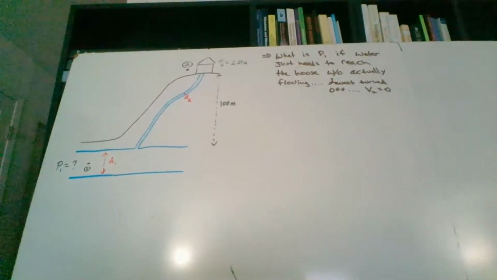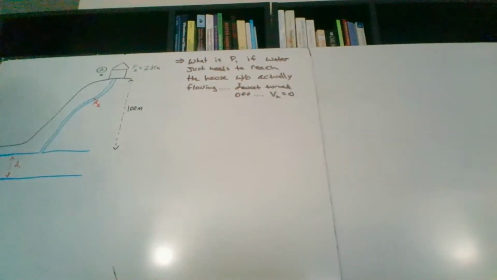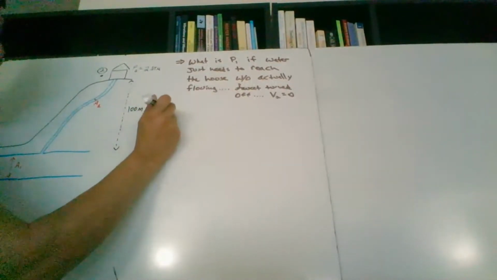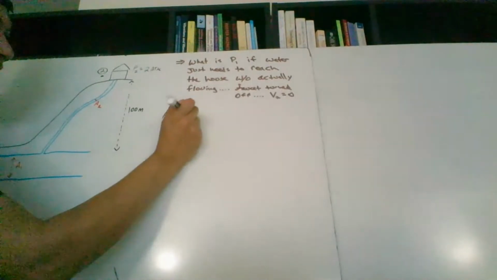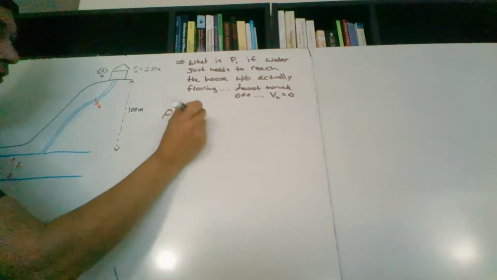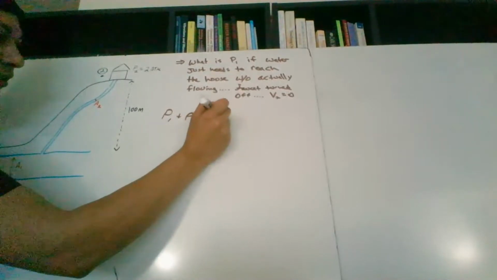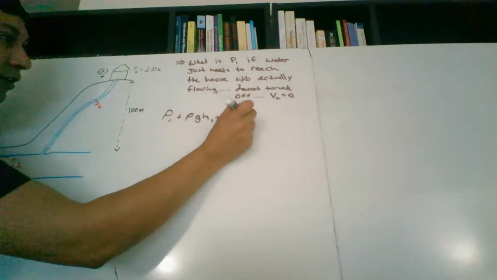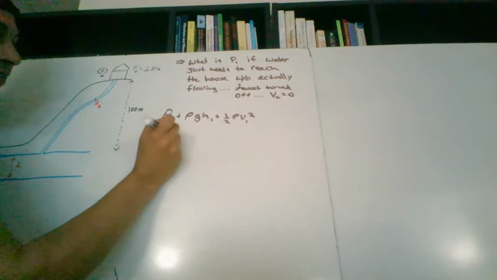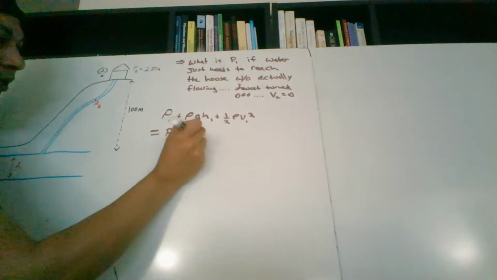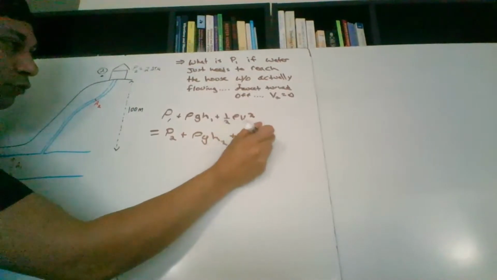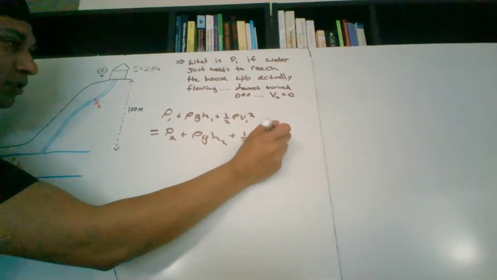Well, just like with all other questions, we need to write down our Bernoulli equation. Writing down the Bernoulli equation, just like we do with all the other ones, we have P1 plus rho g h1 plus 1/2 rho v1 squared, and that has to equal P2 plus rho g h2 plus 1/2 rho v2 squared.